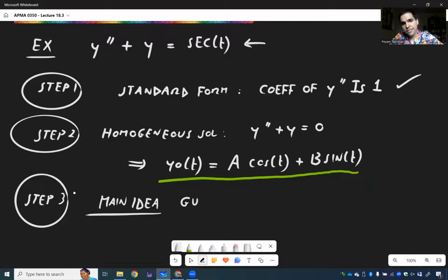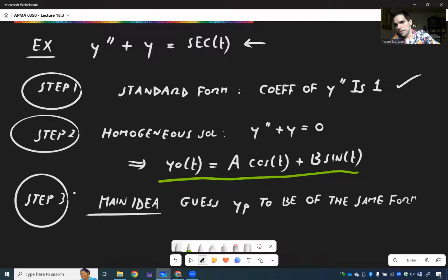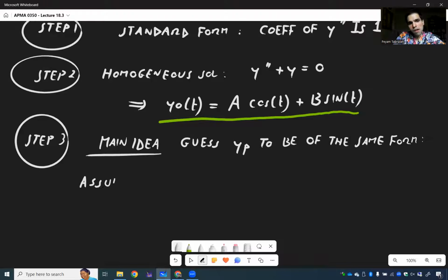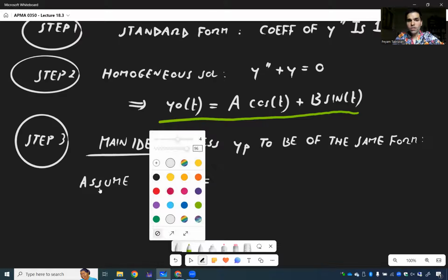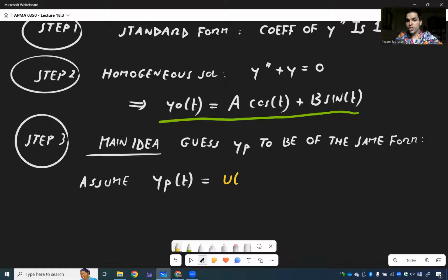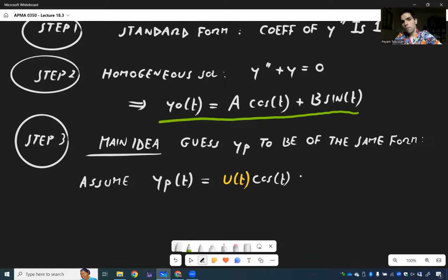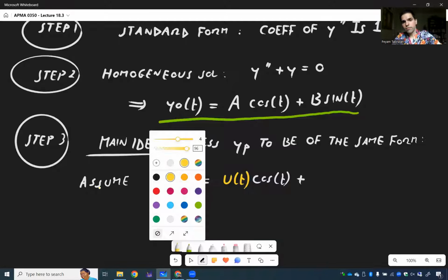So guess yp to be of the same form. Same form. So in other words, assume yp to be not a cosine t, but some function u of t times cosine t plus v of t times sine t.